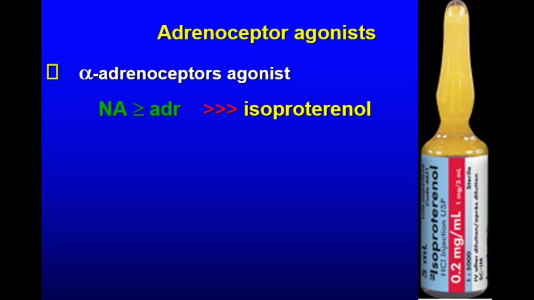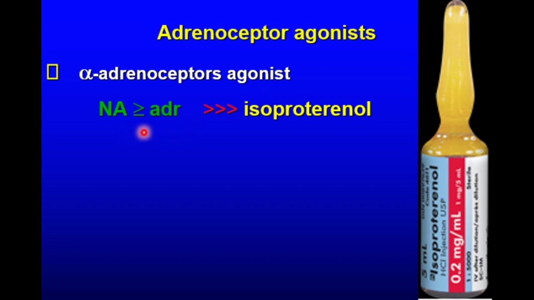As I mentioned, the main pharmacological classification into alpha and beta adrenoreceptor subtypes is based on the order of potency among their agonists and antagonists. The relative order of agonist potency for the alpha adrenoreceptors is as follows.